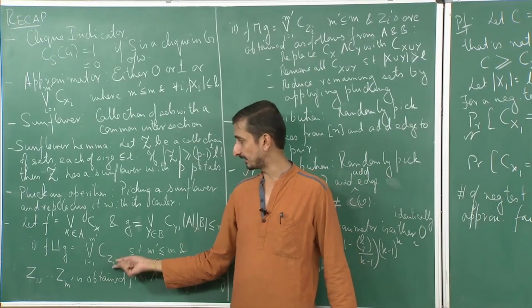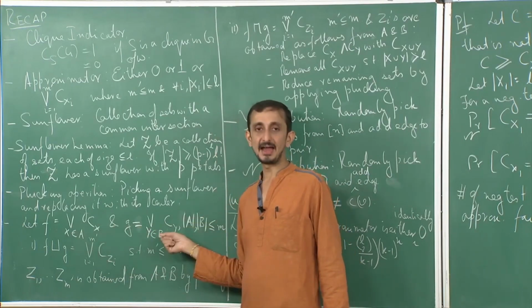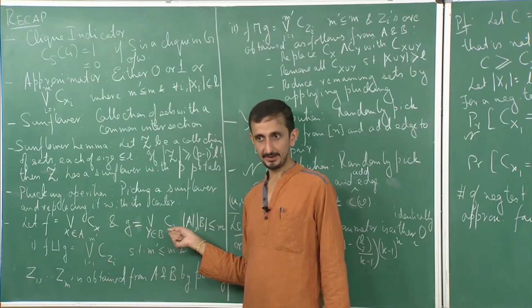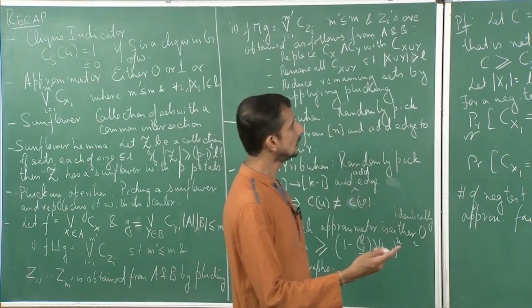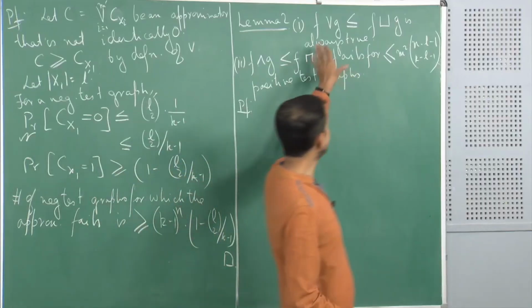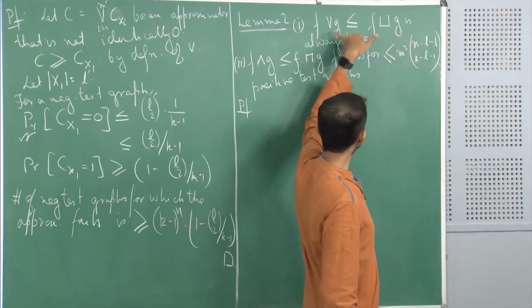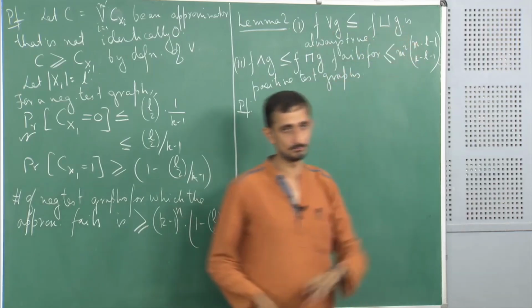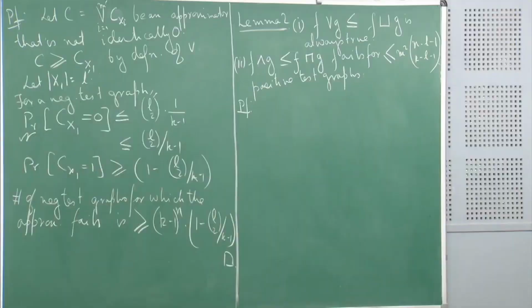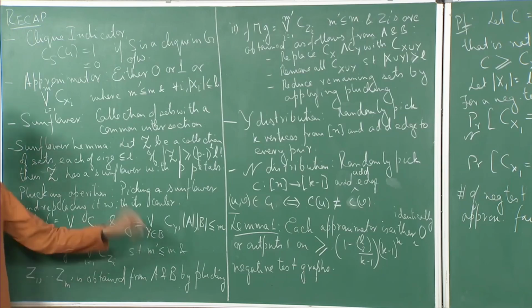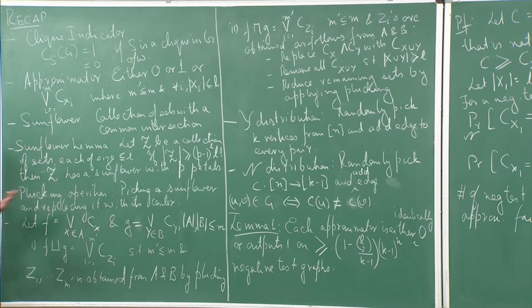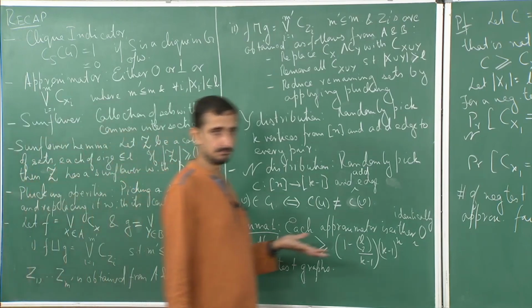One of these zi's has a click, but none of these two had a click. Correct? Now, is that possible?